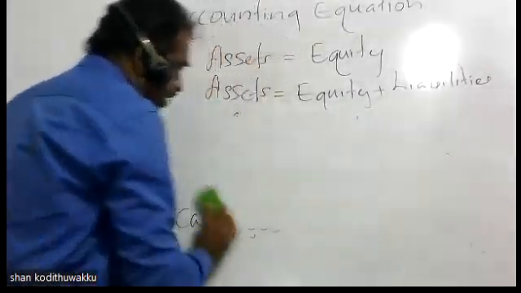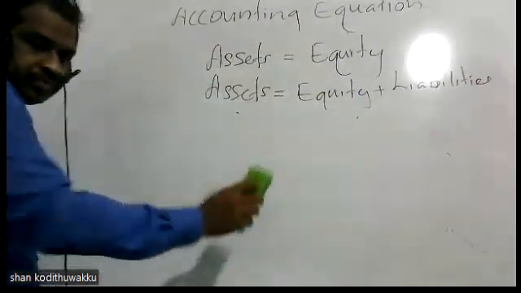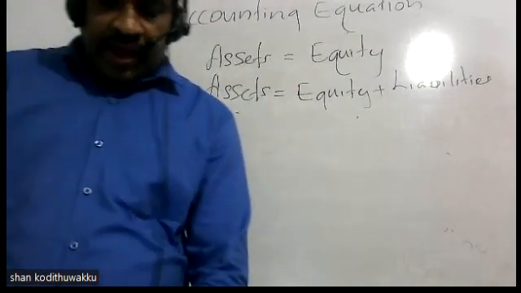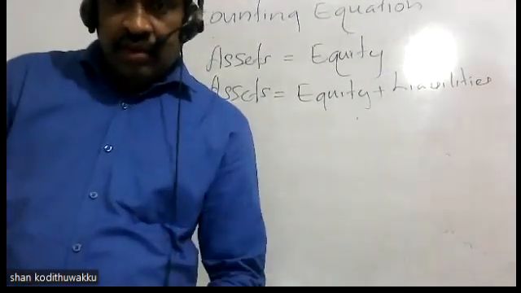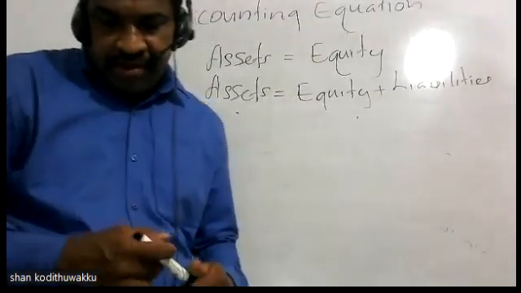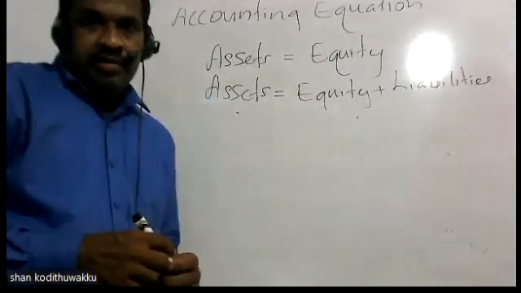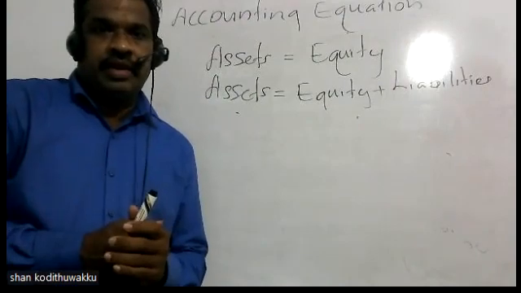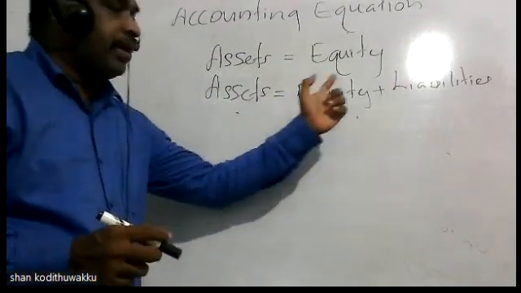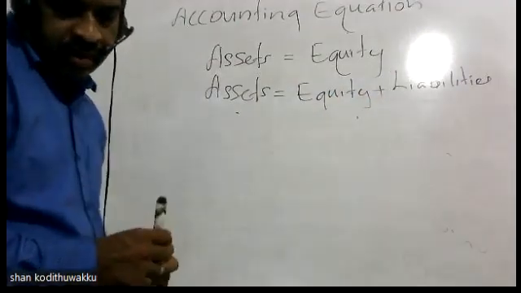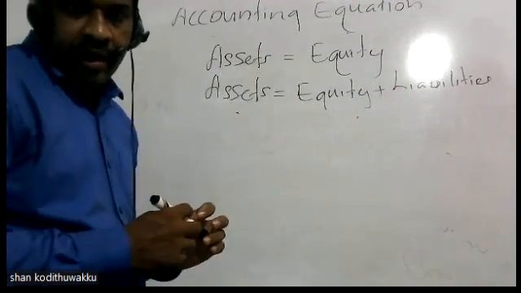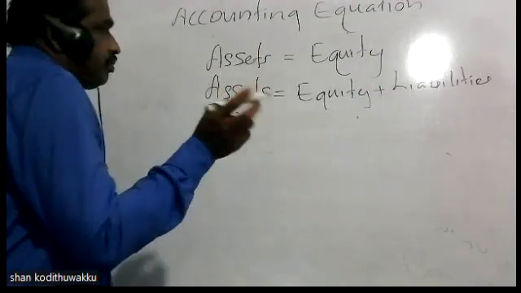We can take another example. Purnika has started a business by introducing 100,000 rupees, and she has taken a bank loan. Then assets equal equity plus liabilities. Purnika has introduced 100,000.